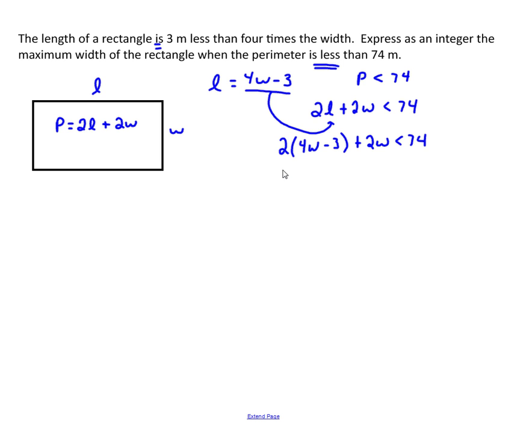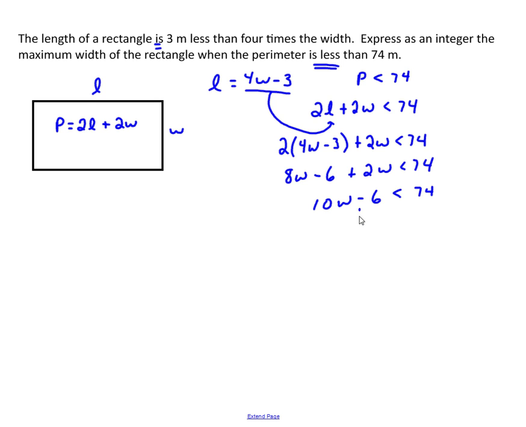We distribute the 2, we're going to get 8 times W minus 2 times 3, which is 6, plus 2 times W is less than 74. We should simplify on the left-hand side as much as possible. We do have two like terms, 8W and plus 2W. So it's the same as writing 10 times W minus 6 is less than 74.